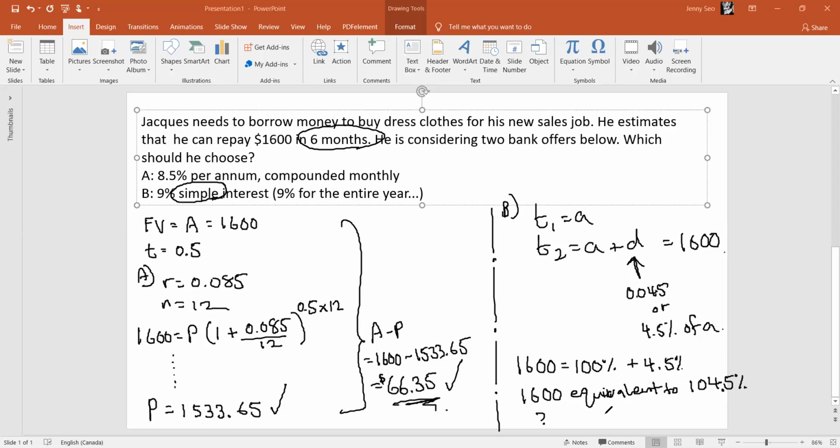So how much is equivalent to 100%? Take a look at what I do. I am going to use a ratio to help solve this.